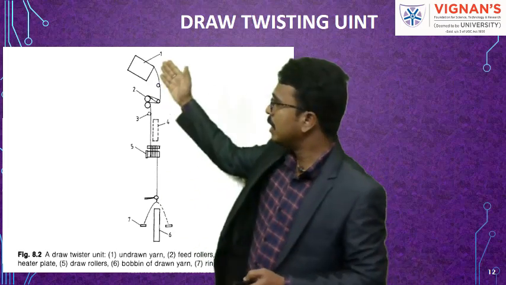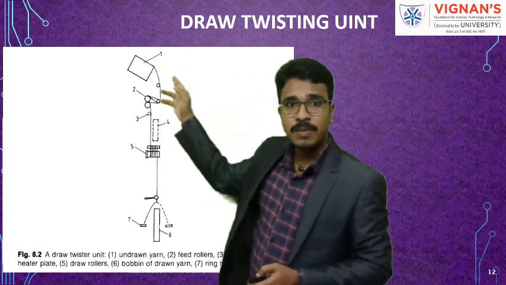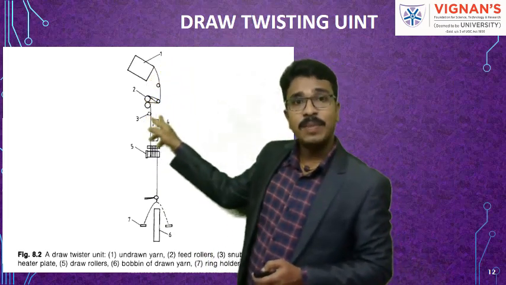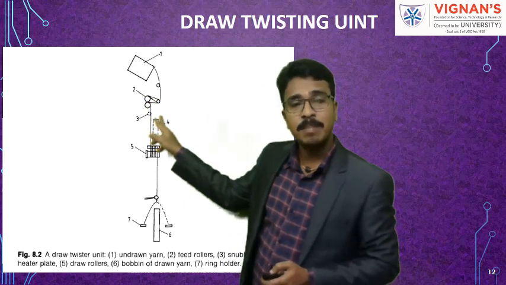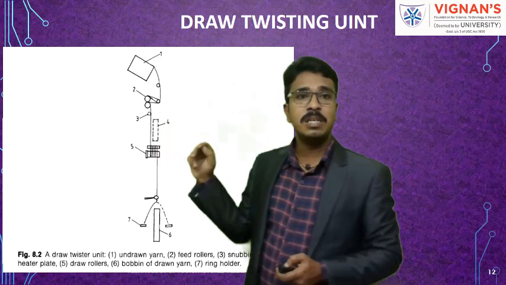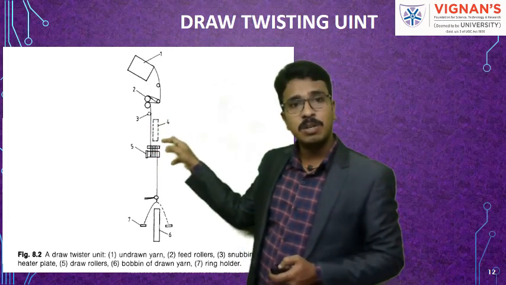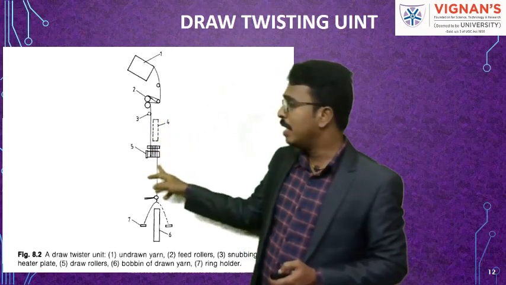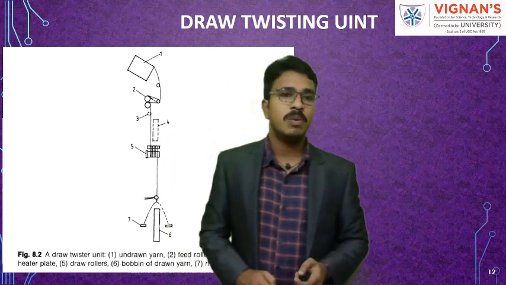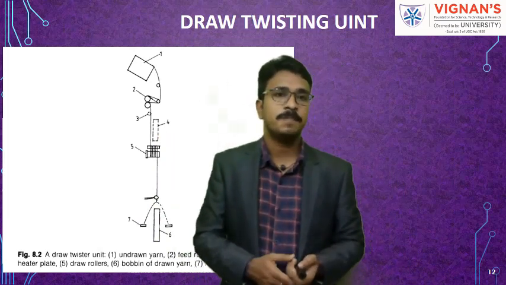So you can see here, this is the undrawn yarn we are taking out, and 2 is nothing but the feed rollers, 3 is the snubbing pin, the 4th one is heat setting, and the 5th one is the draw rollers, and finally it is guided onto bobbins, that is winding onto ring holders, that is ring bobbins.